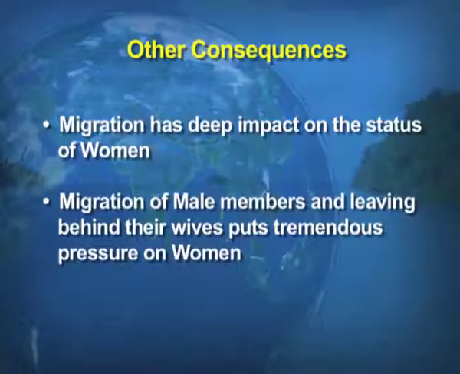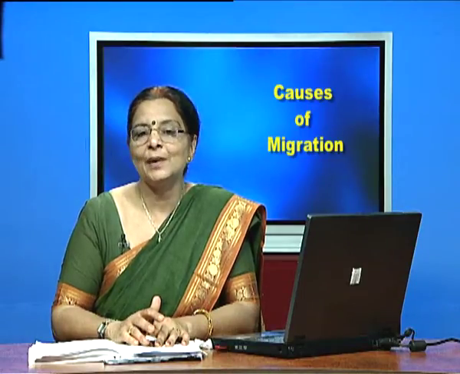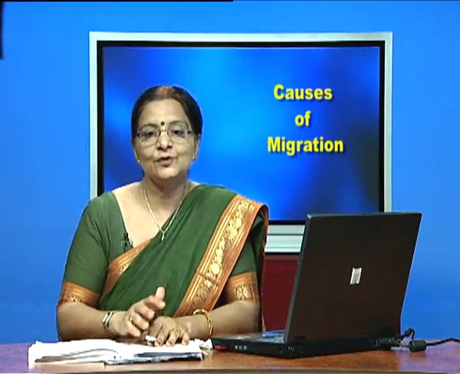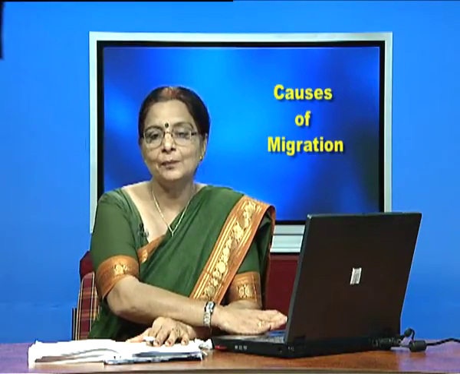Now, when we take up the other consequences, migration has a deep impact on the status of women. Why? Because when the males migrate, leaving behind their wives, a tremendous pressure falls on the women. So, they have to face that pressure in the absence of their male family members.